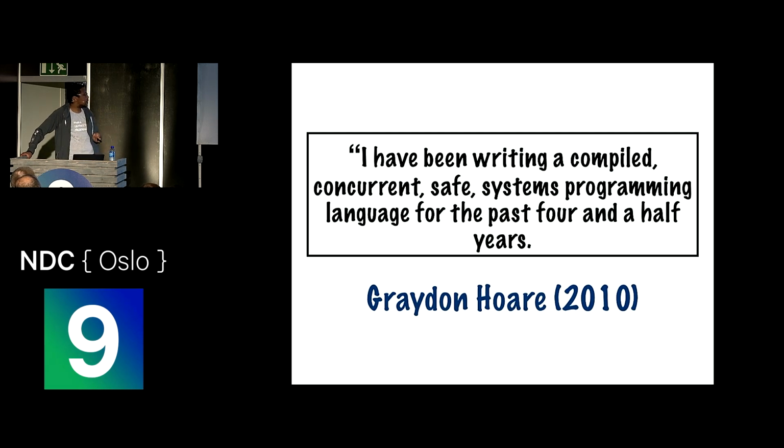And he did a presentation in 2010, and by this time he had already built the initial version of the language. And these were more or less the early goals that the language had: concurrency, safety, and it's supposed to fit in the same niche as C and C++, so systems programming.